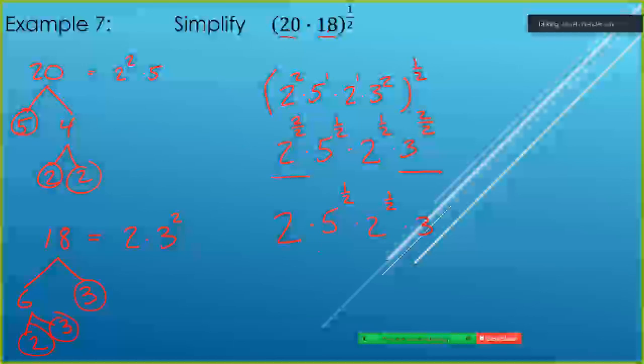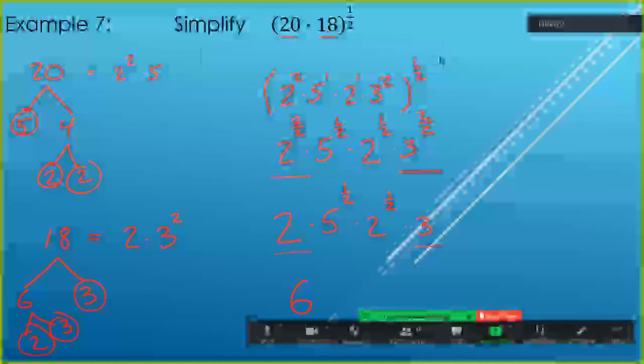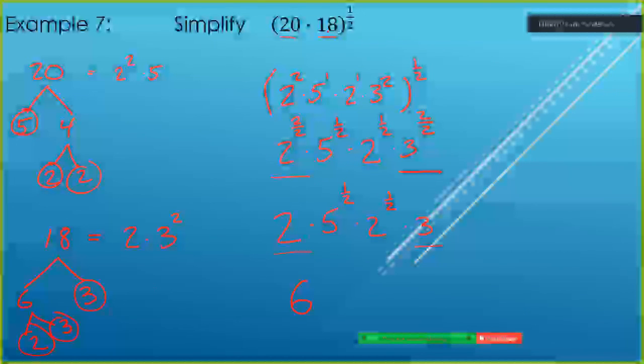Okay, we're almost done with this one. Any numbers without an exponent or without any powers, let's combine those. So the 2 and the 3, they can get multiplied together. So that's 6. 2 times 3 is 6. And now I've got 5 to the half, 2 to the half.